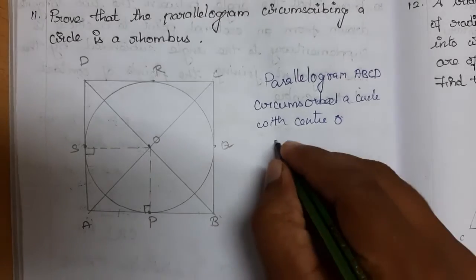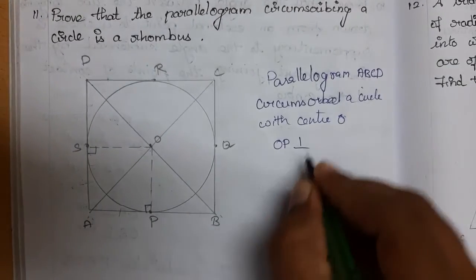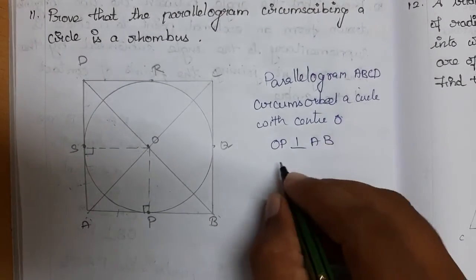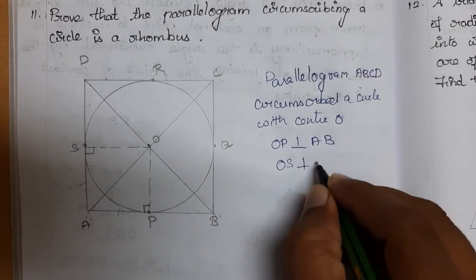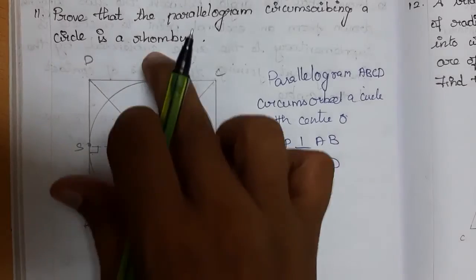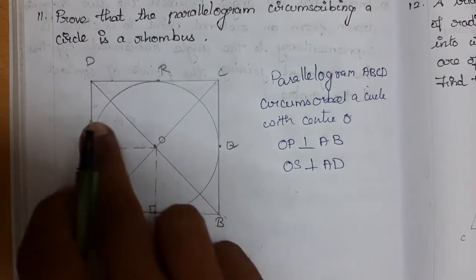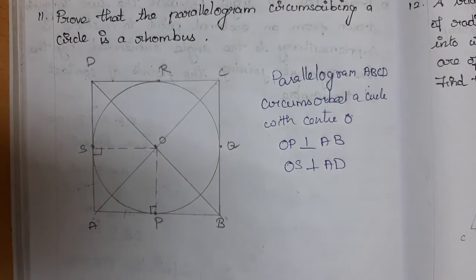We know that OP is perpendicular to AB, and also OS is perpendicular to AD. We need not prove all the sides. If we prove any one, then we can say the others by similarity.